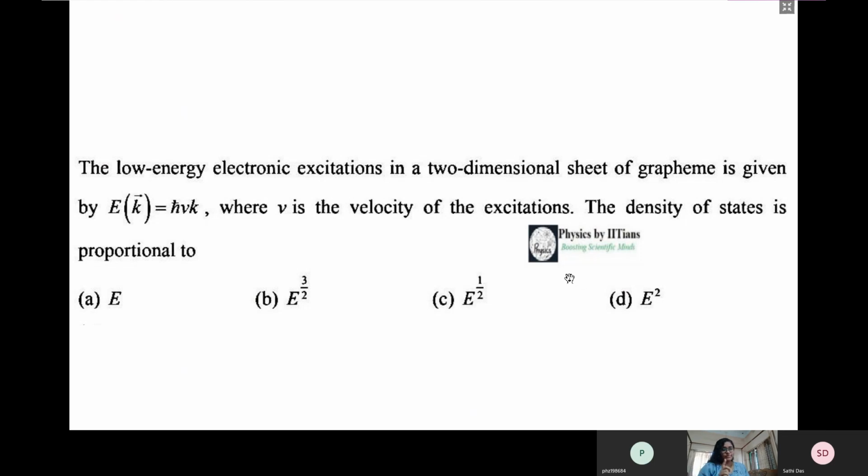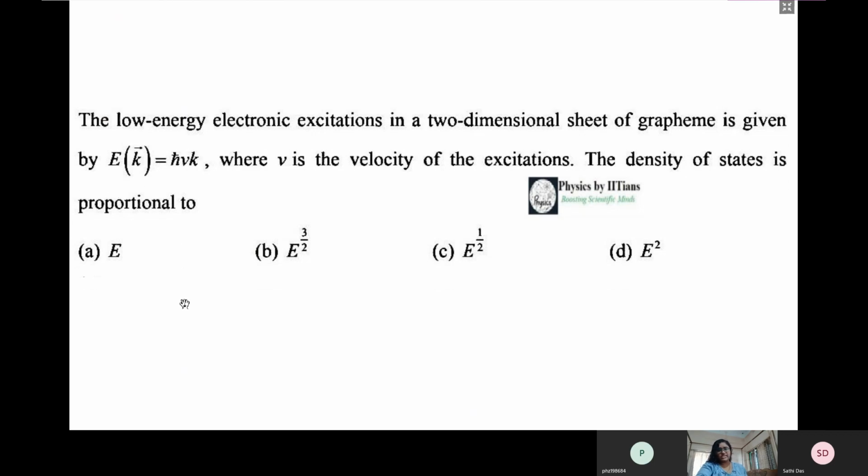Now I am telling you that don't apply that formula, that is density of state is proportional to E to the power 0, independent of E, for the two dimension case. Okay, so you can't get that answer, because here the E(k) relationship has been given to you. So you have to find out the density of state by using this E(k) relationship or the dispersion relationship.